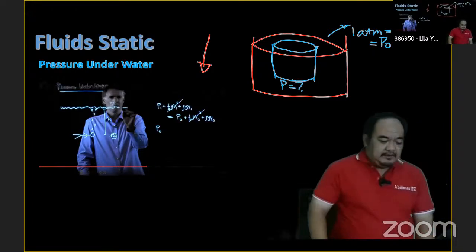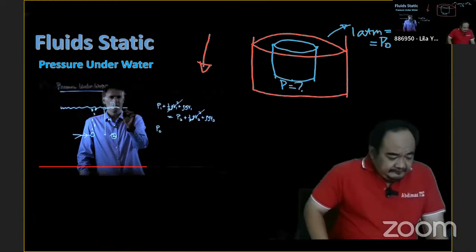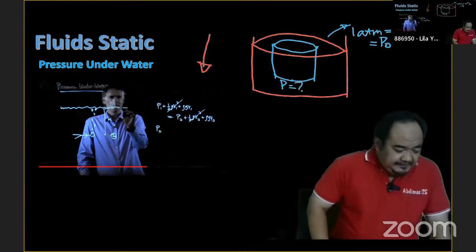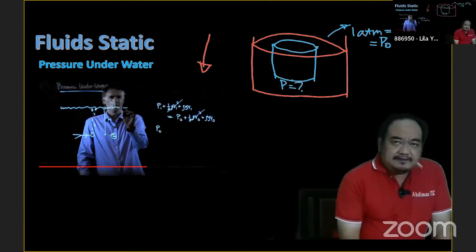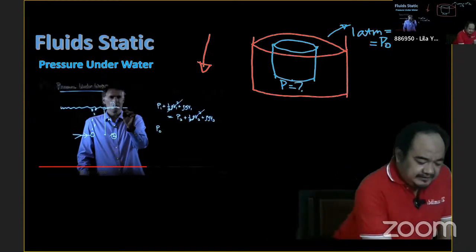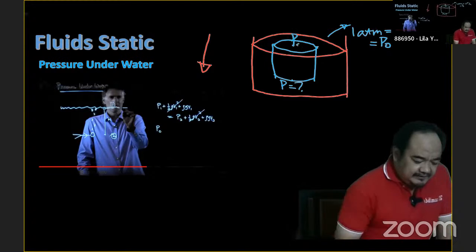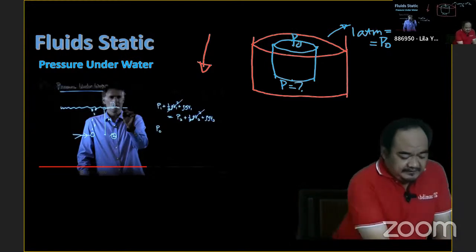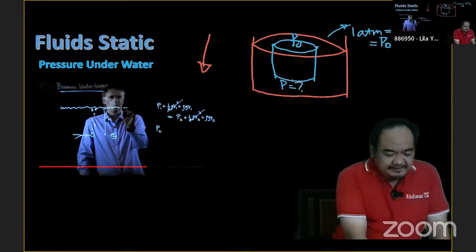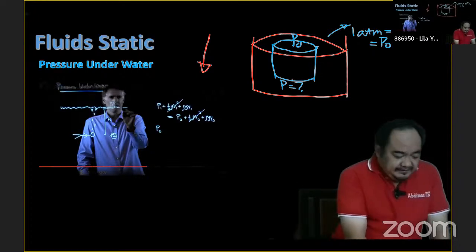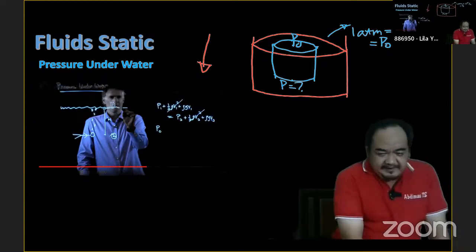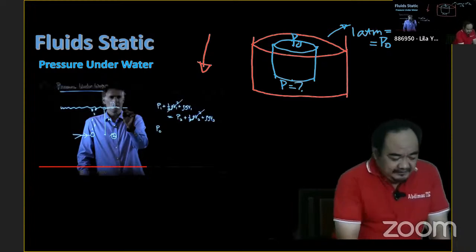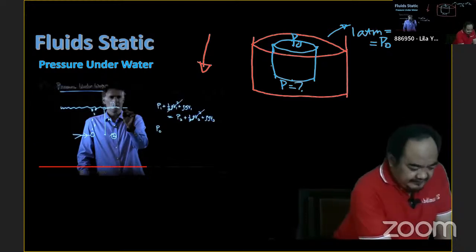Firstly, please consider the P naught on the top of the fluid, and then at the bottom of this part of the fluid the pressure is P. The characteristic of pressure is that it can press on any surface of the fluid, including this element.